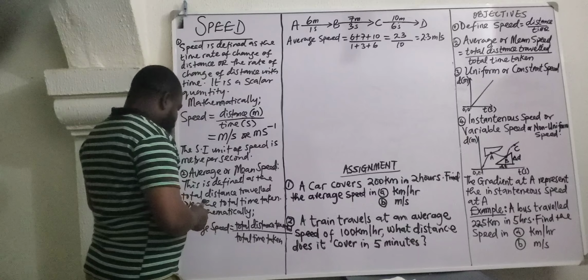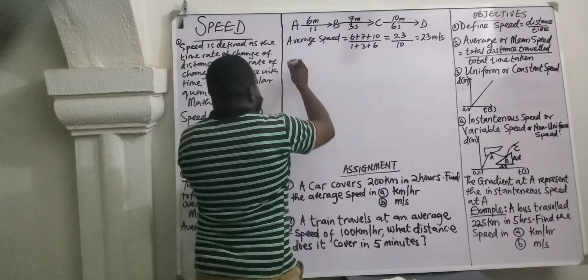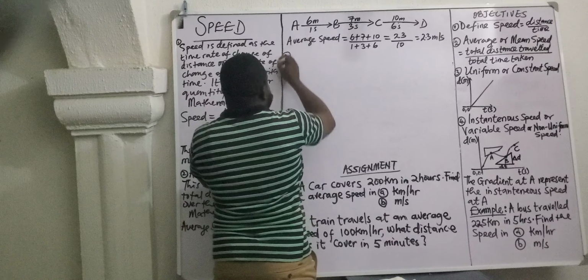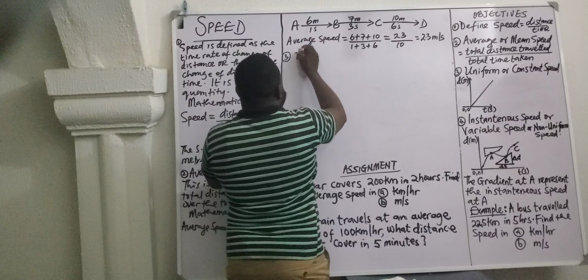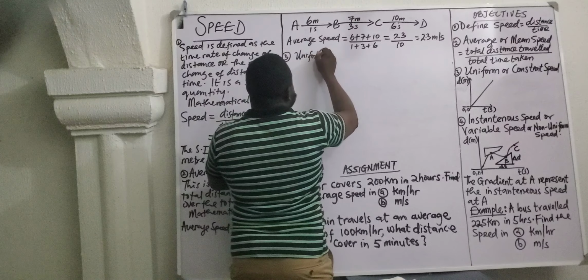Now, we take the next one, which is number 3: uniform or constant speed.